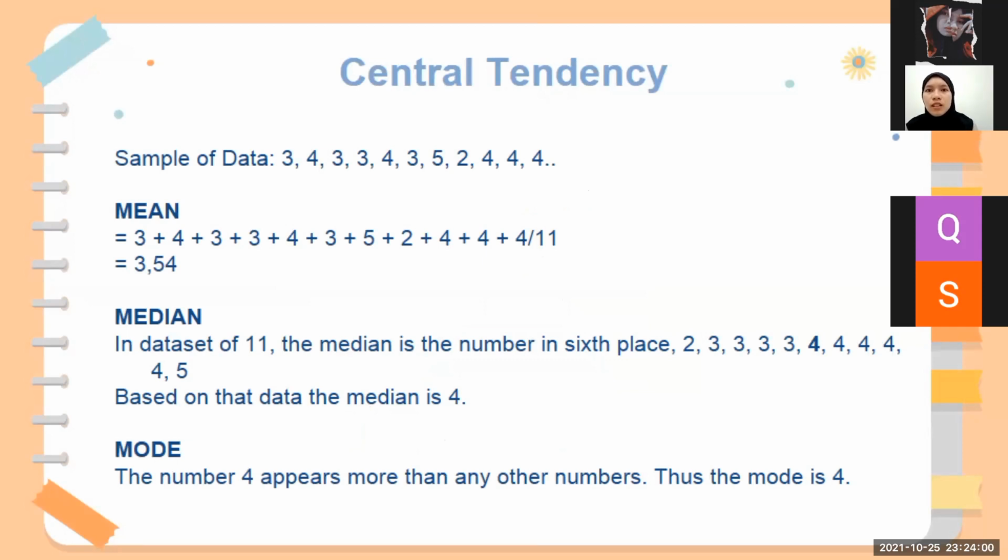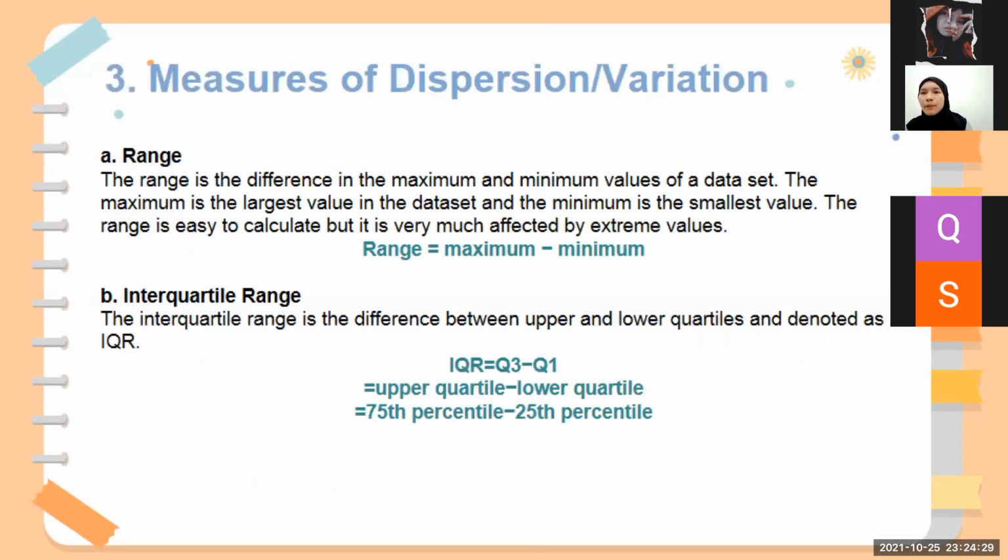Based on the sample of data, the mean is 3.54, and for the median, in a data set of 11 students, the median is the number in sixth place, which is 4, and the number 4 appears more than any other number. Thus, the mode is 4. Okay, next will be presented. The next slide will be presented by Sani.